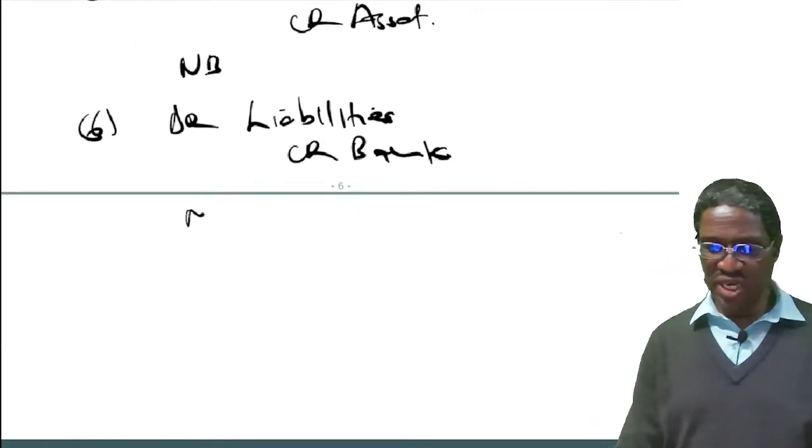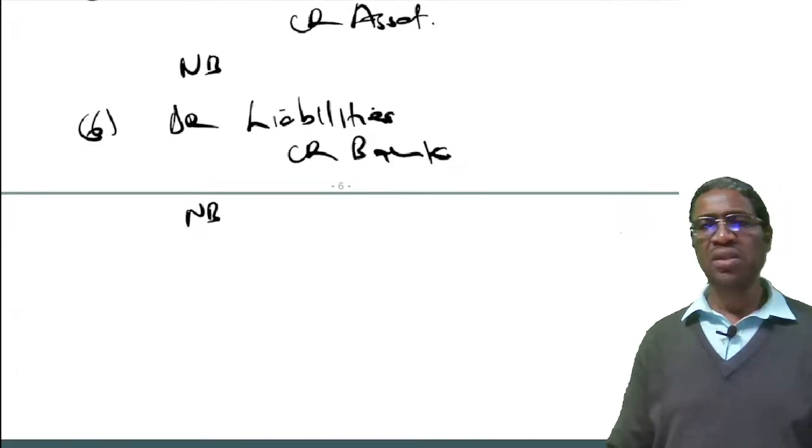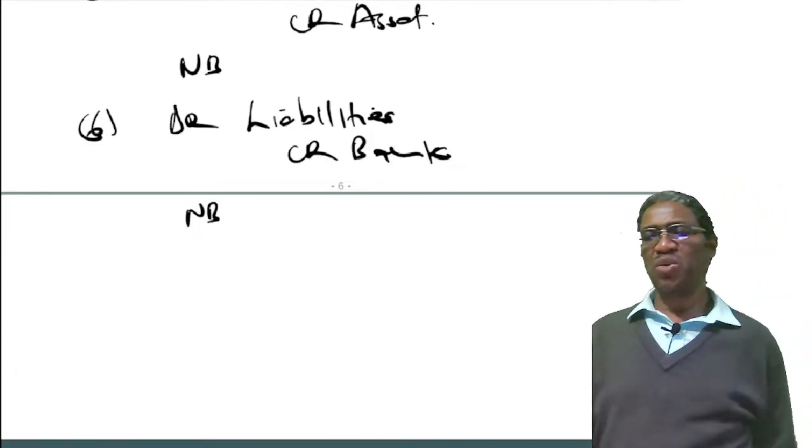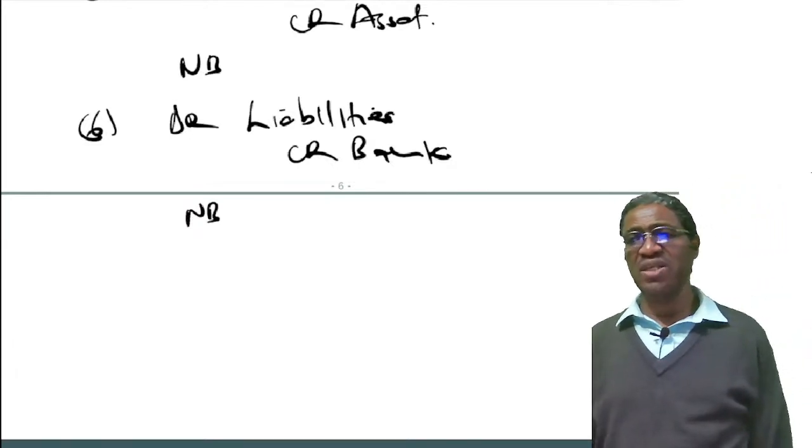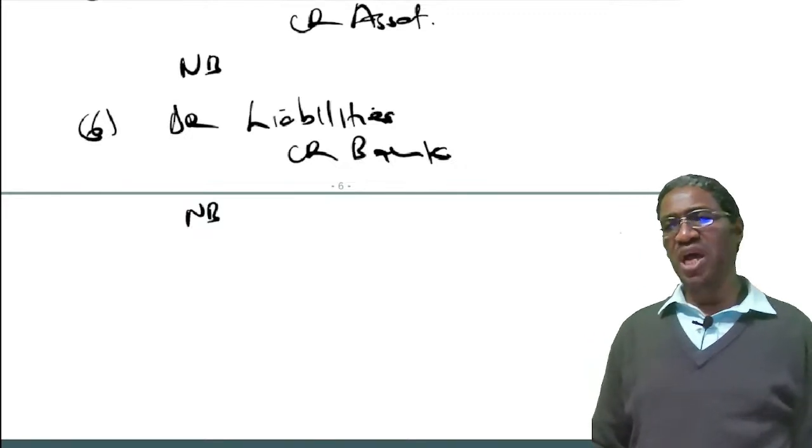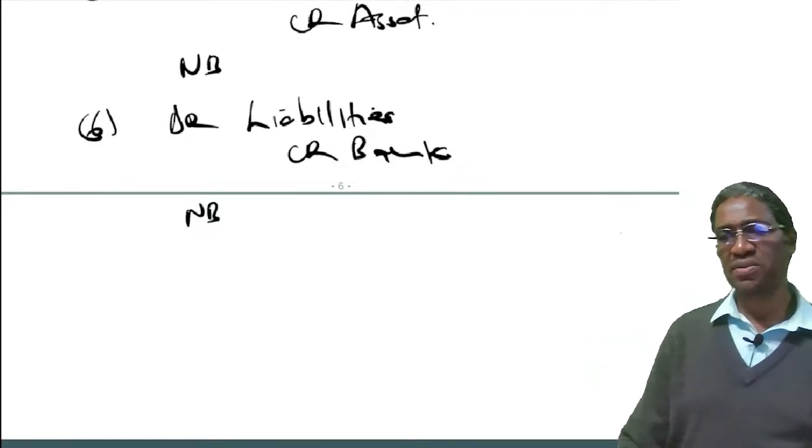Then you write NB: with the liabilities not taken over by the purchasing company but paid by the selling company, you debit liabilities, credit bank.